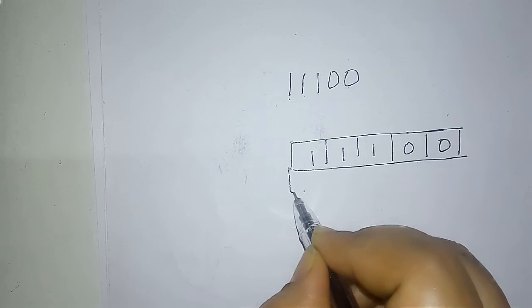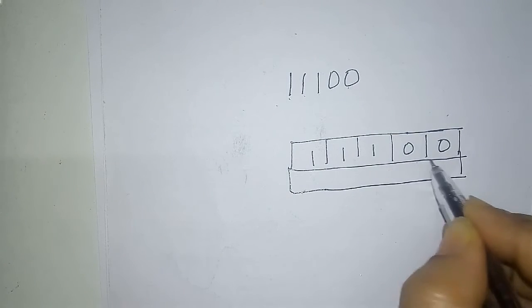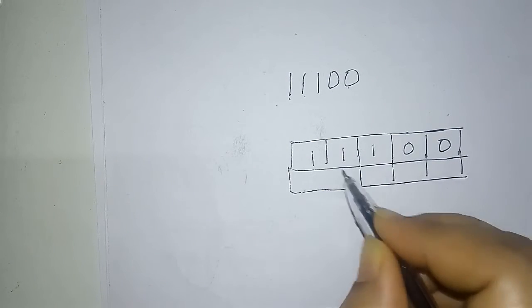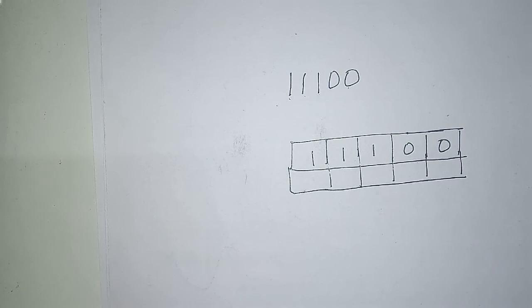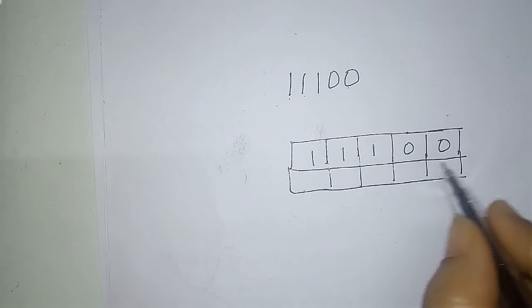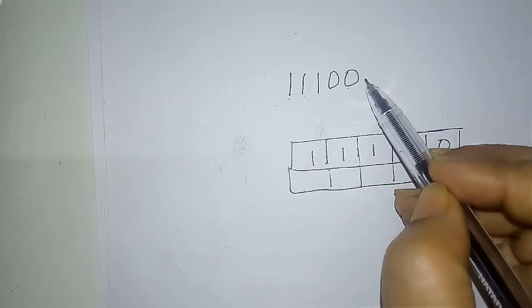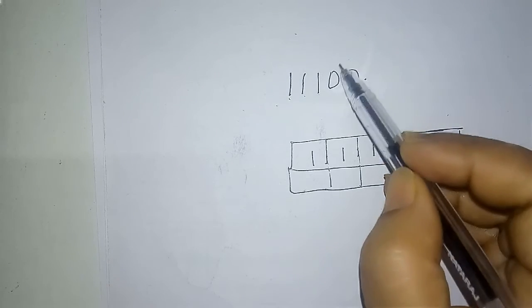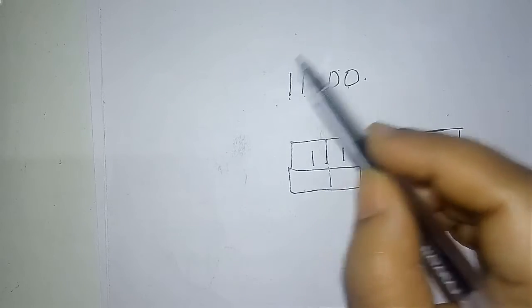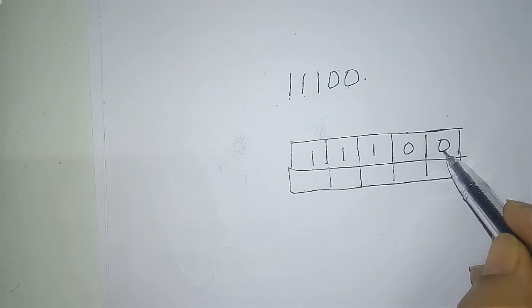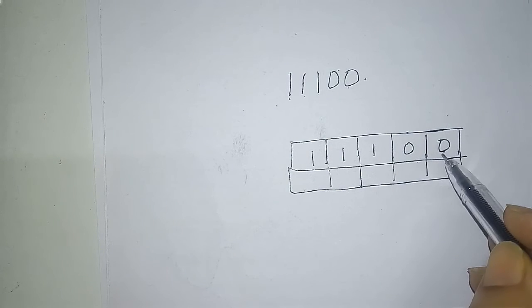As I told you earlier, for the decimal number system we have used the base of the decimal, that was 10. In the same manner we are going to use the base of the binary, which is 2, to provide them the values. Again we start from the least significant bit and move towards the most significant bit. So the least significant bit is at the right hand side, which is 0.